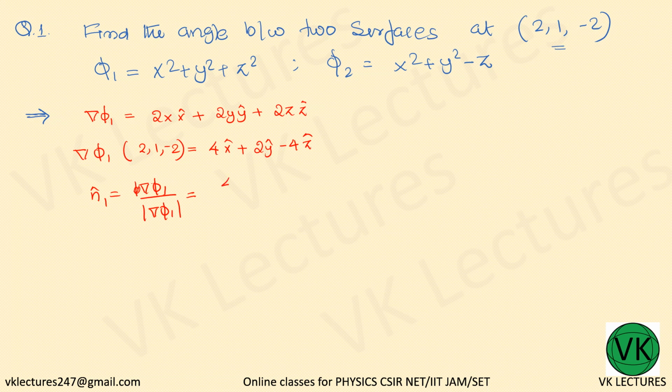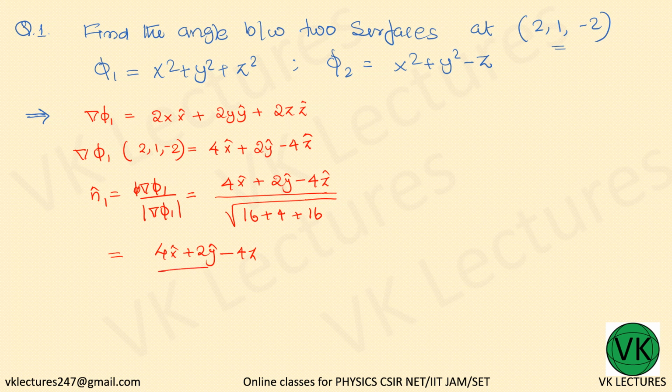So that is 4x cap plus 2y cap minus 4z cap divided by root of 16 plus 4 plus 16, so that is root 36, that is 6. So n1 cap is 4x cap plus 2y cap minus 4z cap by 6. Let it be.